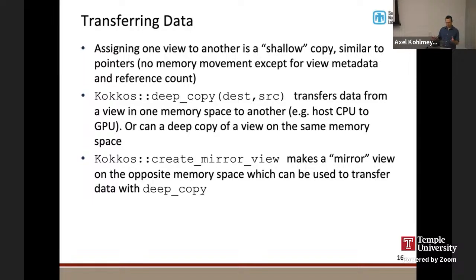So if you actually want to duplicate this view in another view, and move the memory, then you can use a deep copy as well. You can also use Kokkos create mirror view, which makes a mirror view on the opposite memory space. So if you have data on the GPU and you want to copy it to the CPU, you can create a mirror view on the CPU and then deep copy into that mirror view.